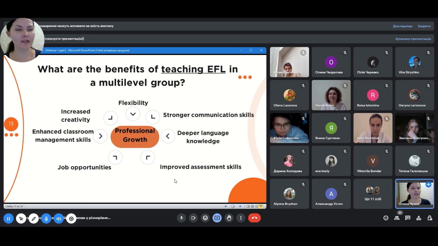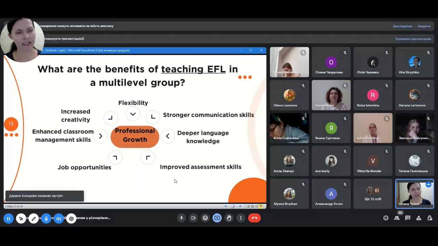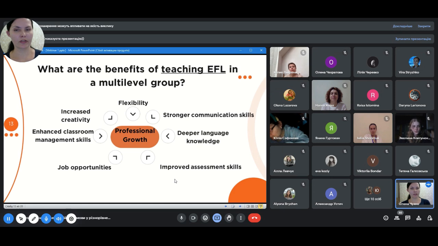Because when we deal with multi-level group of students, we develop our creativity. We need to come up with innovative ideas on how to deal with different levels, how to create different assessment strategies, and so on and so forth. So we develop our creativity.